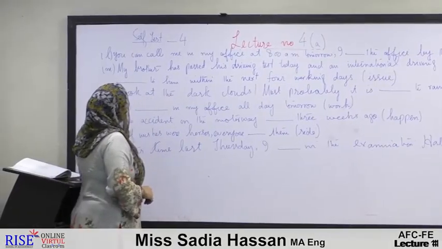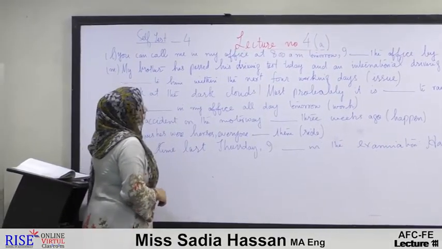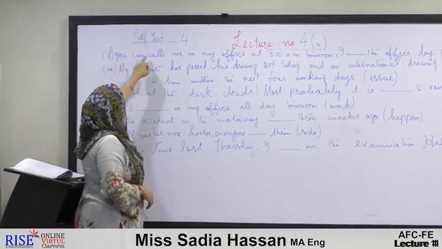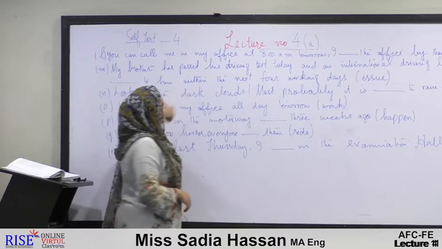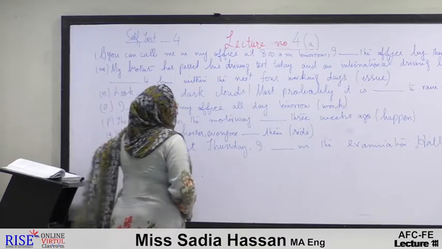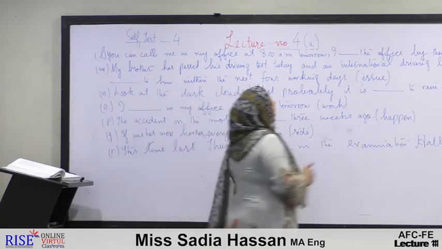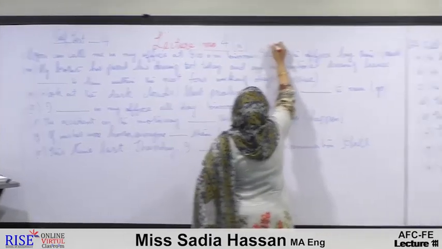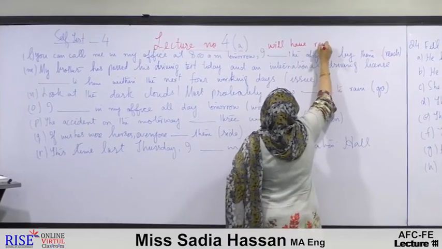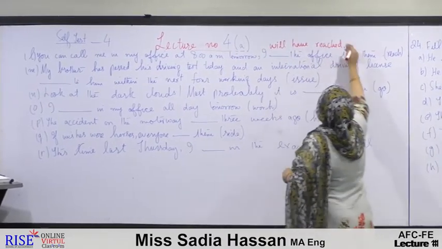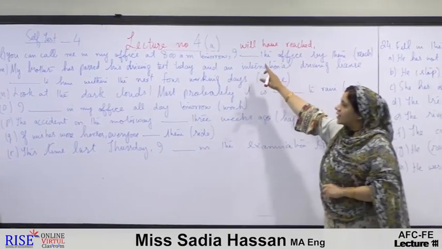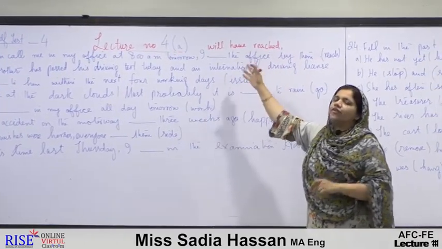Sentence number L of question number 3. The remaining part of the sentence is, you can call me in my office at 8 a.m. tomorrow. I dash the office by then. I will have reached. Again here, which combination is in the context of the sentence? Present with future.